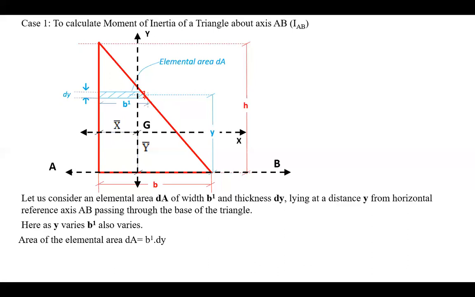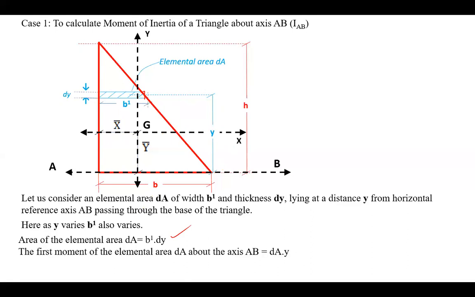It makes no real difference, as this extra side is balanced by the other side. So you can assume it's a vertical face and carry on with the calculation: b dash into dy.